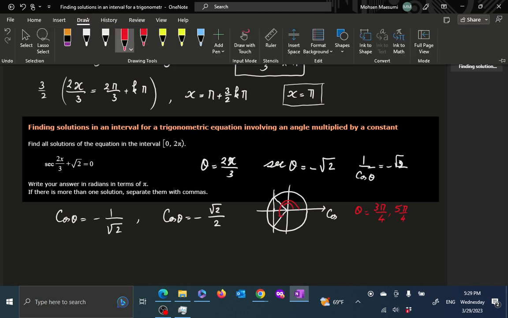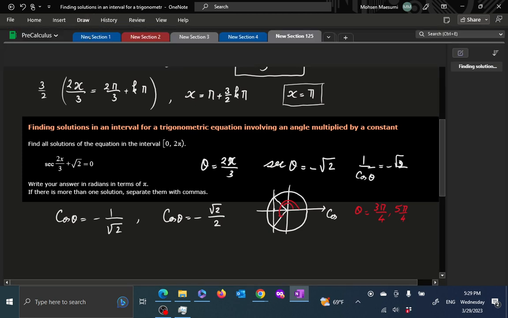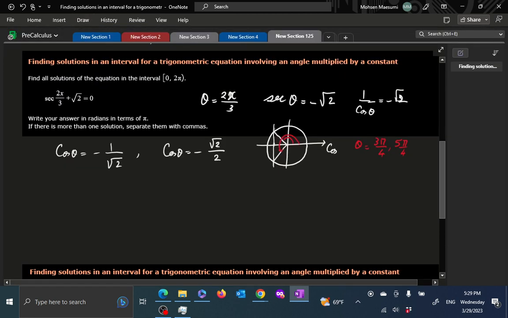Next, we say, what are all the possible solutions? All possible solutions: theta is 3 pi over 4 plus 2k pi, or 5 pi over 4 plus 2k pi. Next, we go after x.